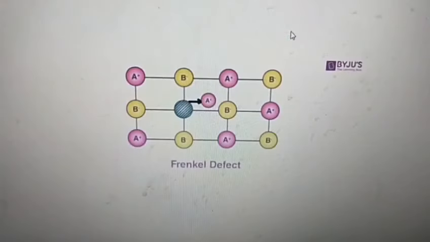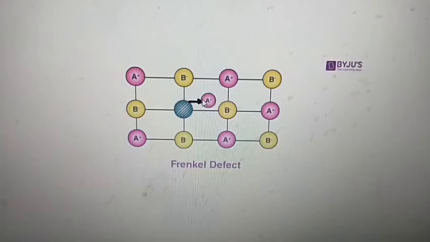Frenkel defect is when the smaller ion is dislocated from its normal site to an interstitial site. Actually see here, A plus should be here, but it is dislocated to this place. Generally it is the smaller ion, usually the cation, which is smaller in size.